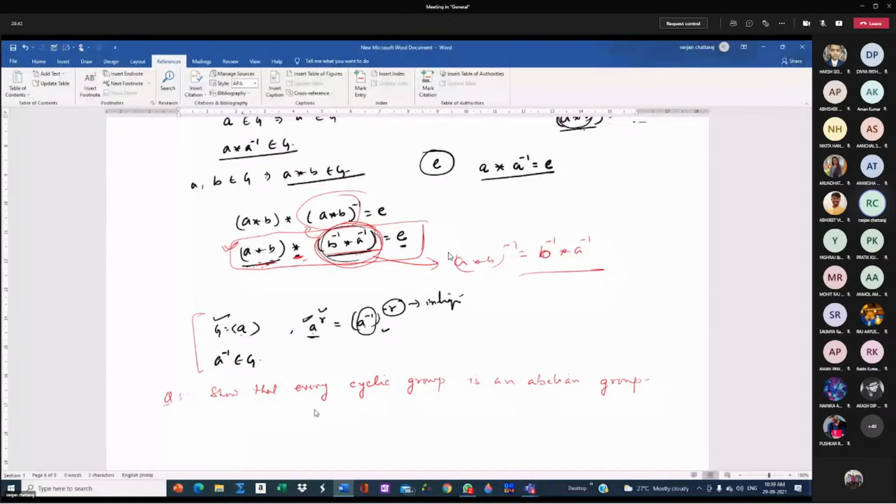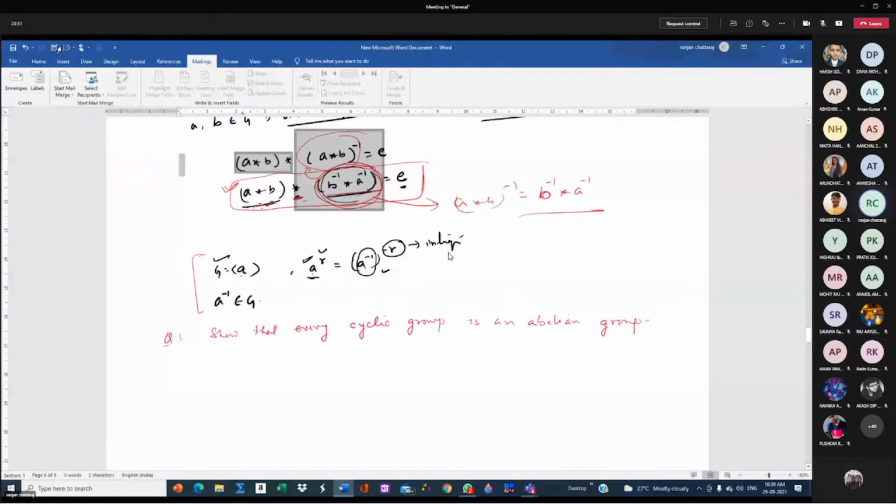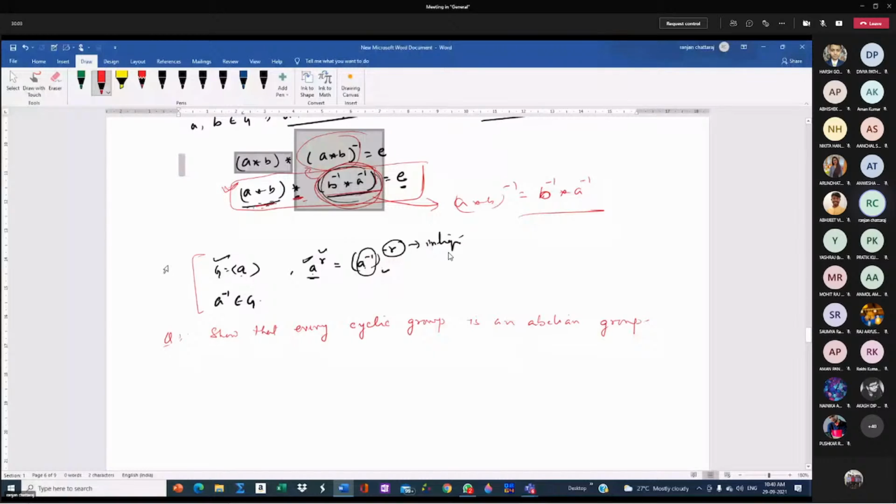I'm giving you a simple example. Suppose we have G equal to {1, minus 1, i, minus i}. It is a multiplicative finite group. What is the identity element? 1. What is the inverse? Minus 1 into minus 1 is 1 itself.